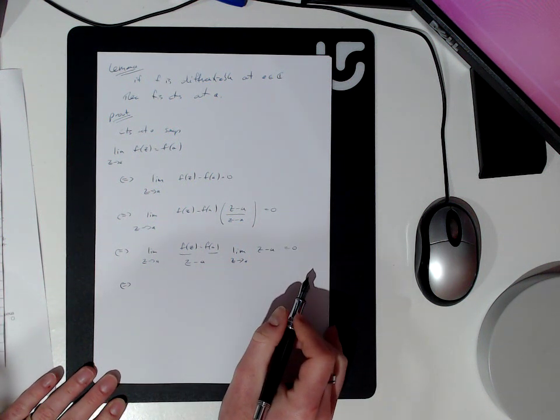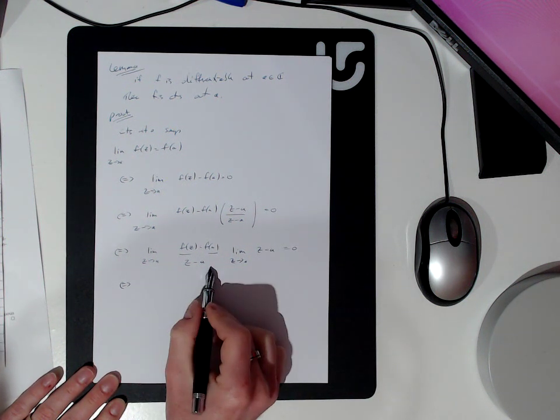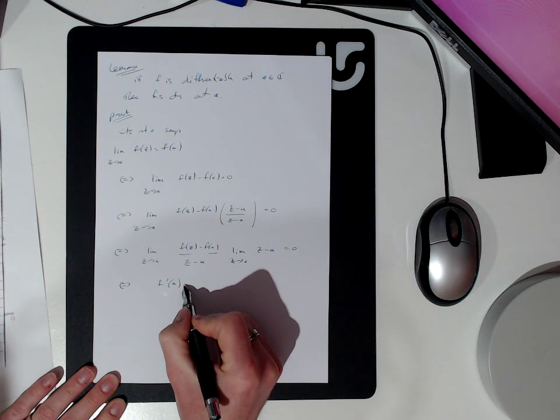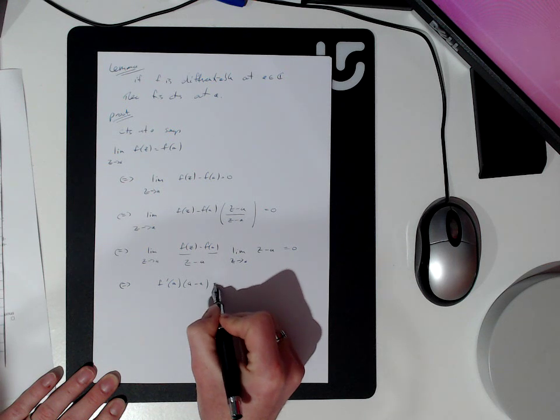And so what we have here is that f'(A) times (A minus A) has to equal 0.